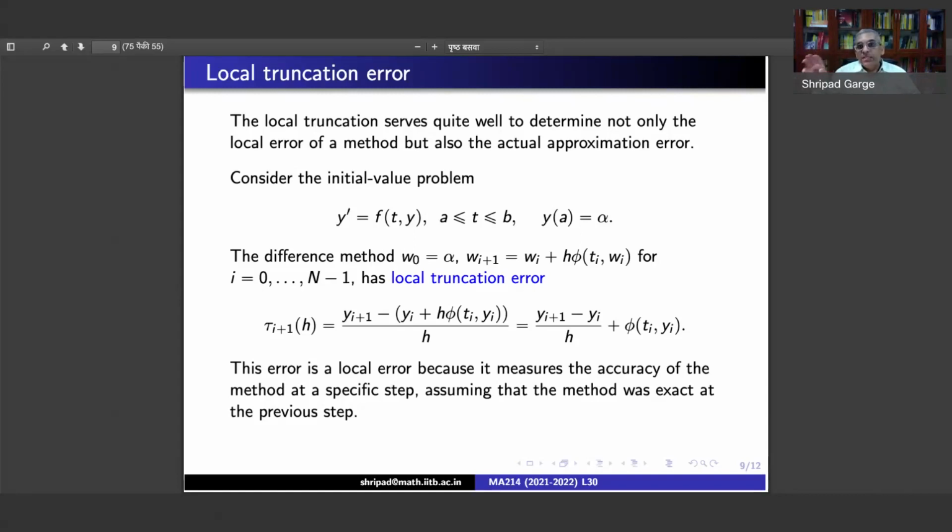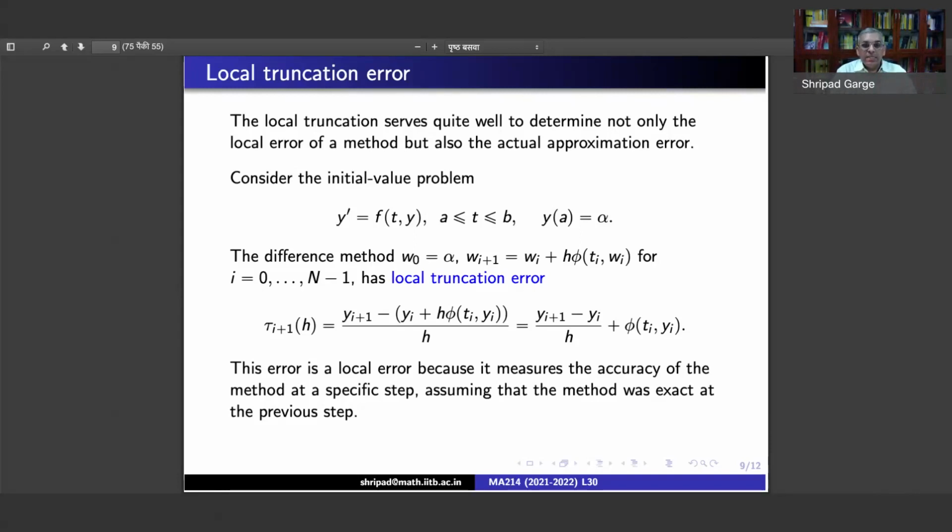So that is a quantity which may still be non-zero. So even if you have the ith solution to be correct, the (i+1)th may not be correct. But we will assume that the ith one is correct and see how far the (i+1)th goes from the actual value. That's why this is called a local error.